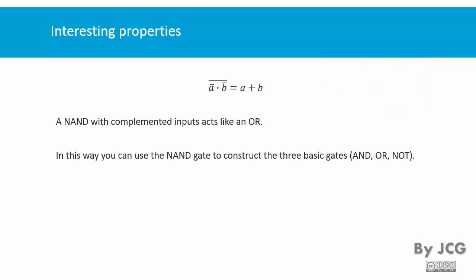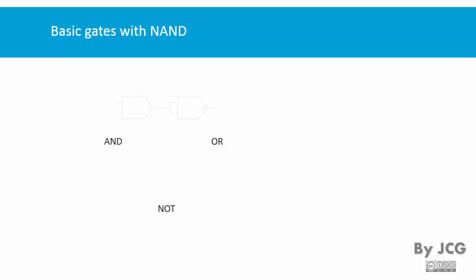So with these three properties that I just explained, we can use the NAND to construct any of the three basic gates. So how do we construct them? Well, first of all, the AND. The AND, remember, it's by putting the NAND and then a negation. Now here you may think, well, what is this? Well, this is a NAND with both inputs connected to the same signal.